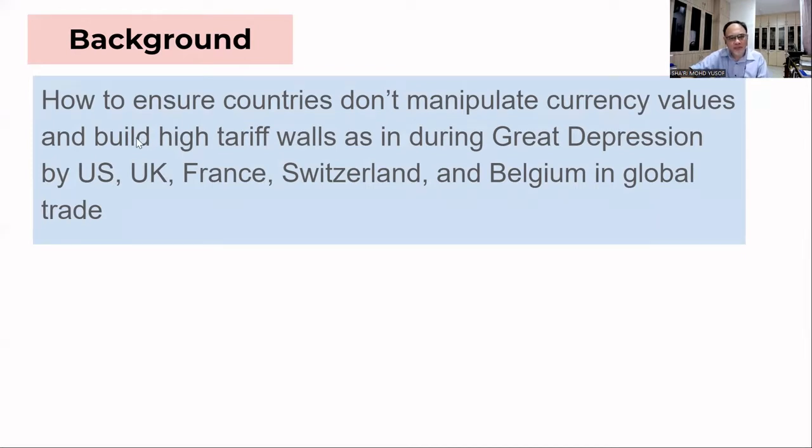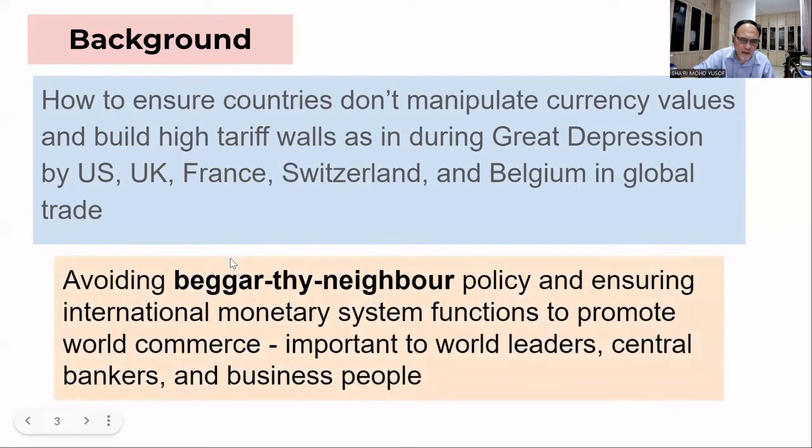So basically, how to ensure countries do not manipulate their currency values, by fixing them or by reducing the value, or even building high tariff walls, especially during the Great Depression, which disrupts trade among countries. Okay, so how do you ensure that?